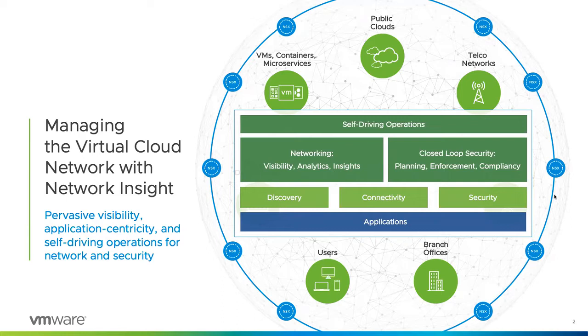And when I talk about the network, we're talking about encompassing a full 360-degree visibility from the virtual infrastructure to the physical infrastructure, all the way out to the branch, the data center to the branch, or out to the public cloud, and even encompassing things like Kubernetes containers and so on.